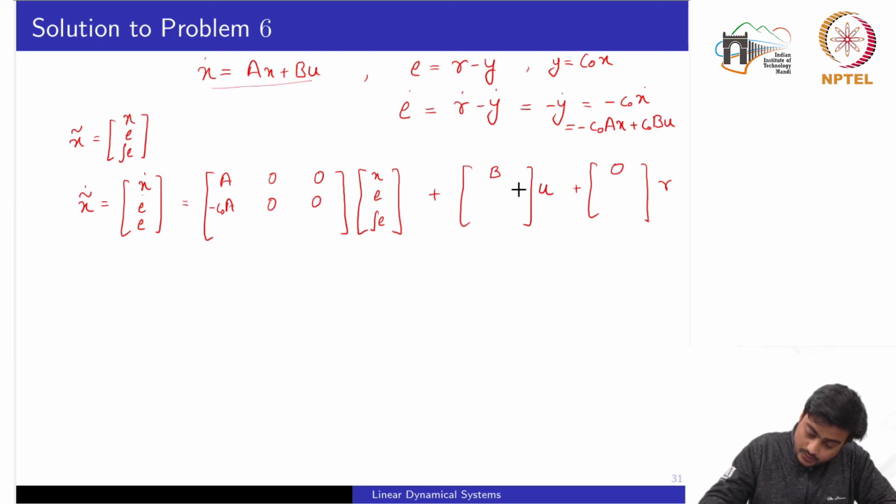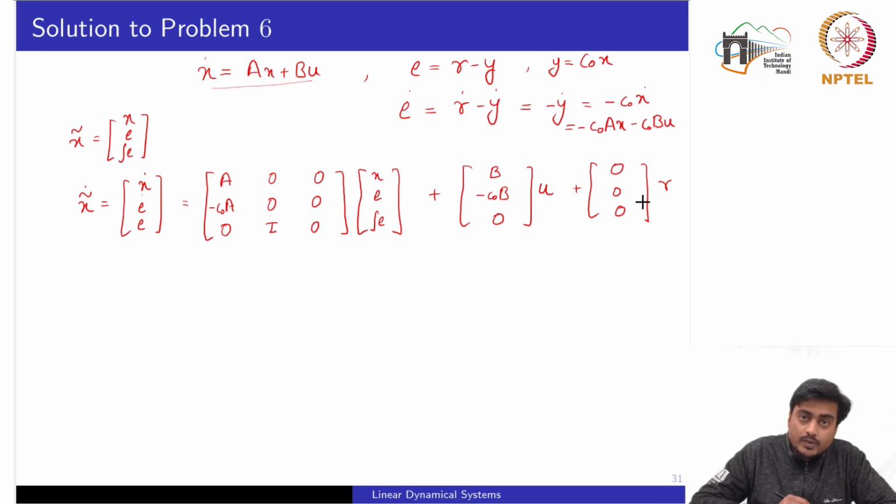With respect to u, this would have a negative sign, so here we would have minus c naught b. Now, for the third row, we already have e in the state, so I can write it as this one. We don't have any distribution matrix with respect to r.